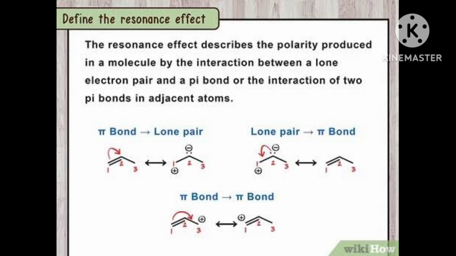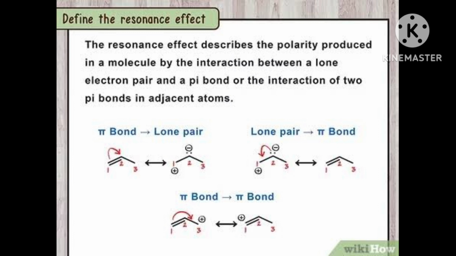NH2 has a lone pair of electrons and NH2 is attached to the benzene ring through a single bond.